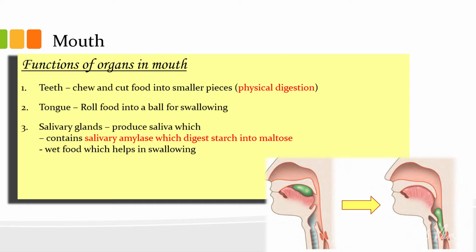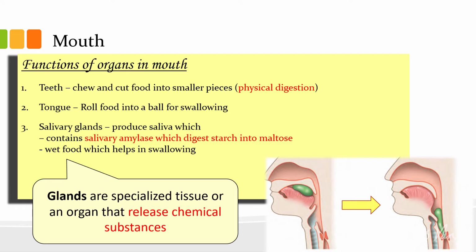Lastly, you might see a new word that you might not have heard before, which is gland. So these glands are specialized tissue or organ that release chemical substances. In this case, the chemical substance released by the salivary gland is salivary amylase.